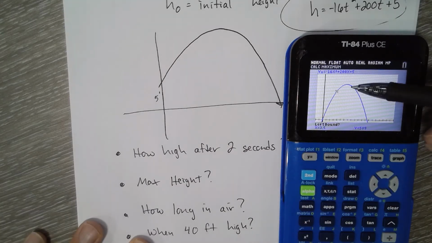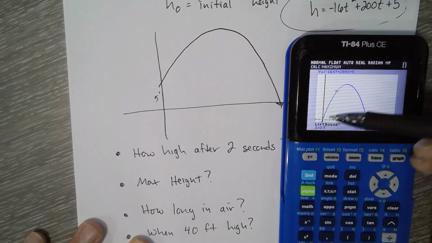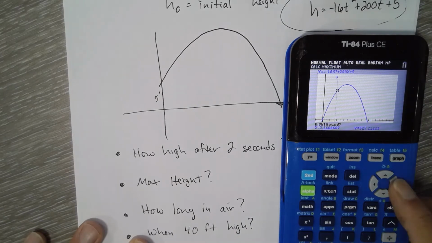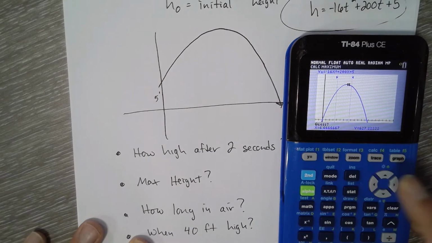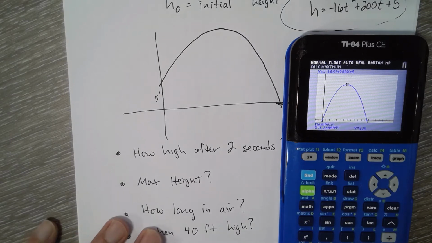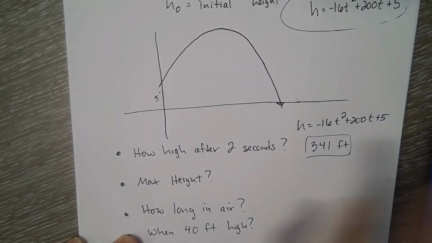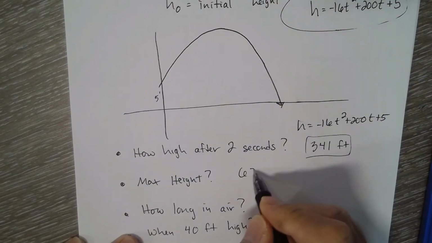So we're looking for this right here, the maximum, the vertex. So left bound, we go on that side of it, and then right side, and then guess it. So what's that say, 630 feet? Yeah, that's what we got. All right. So maximum height is 630 feet.